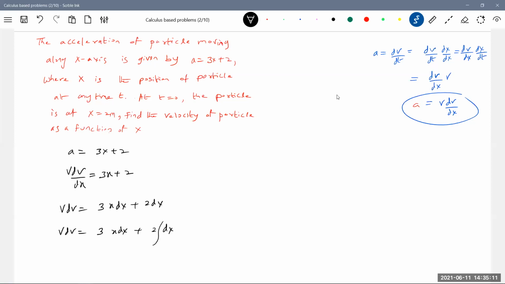Now, the limits we have to be careful about a little bit. What can be the limit now? At t equal to 0, the particle is at x equal to 2 meter. But what we needed here, the limits are v and this one, no?